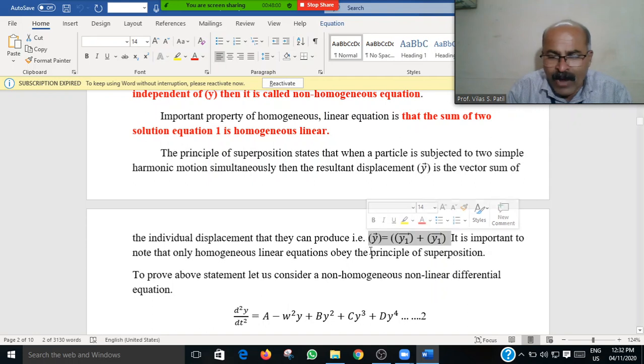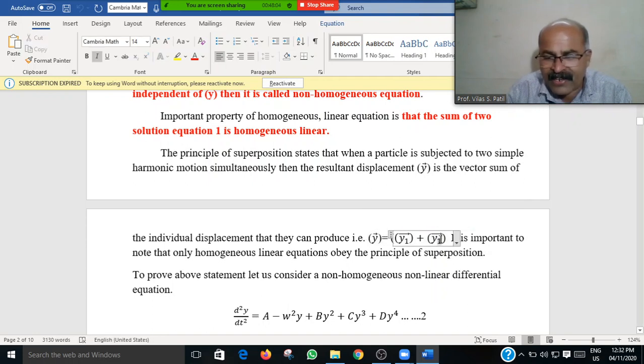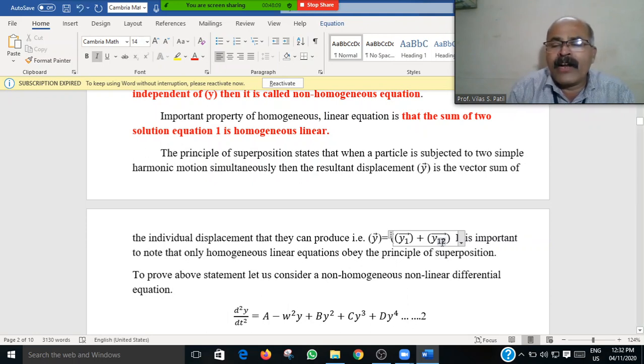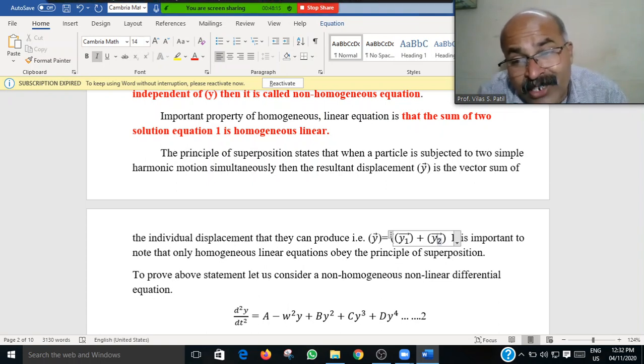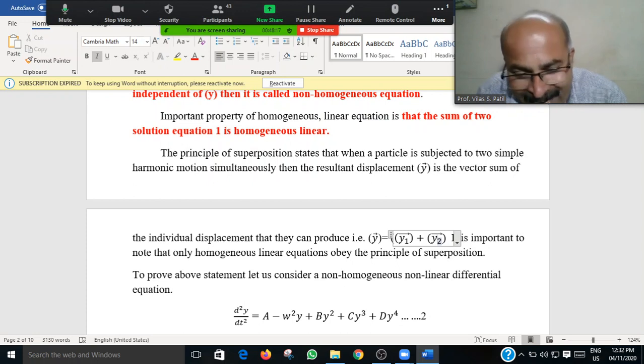That is, y vector is equal to y1 vector plus y2 vector, where y1 and y2 are the individual displacements produced by each force separately.